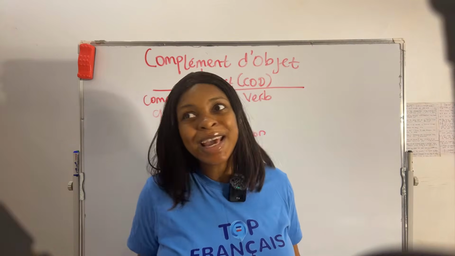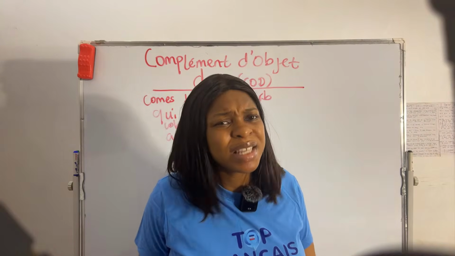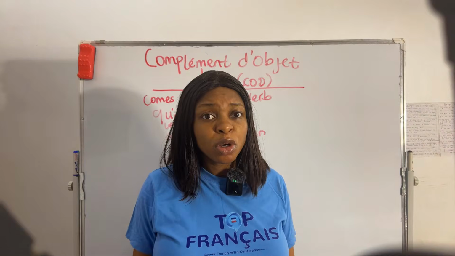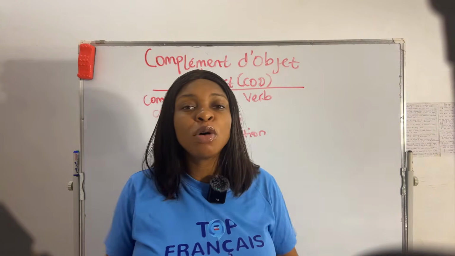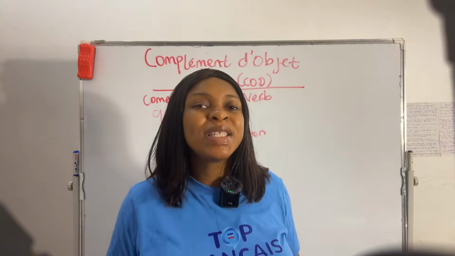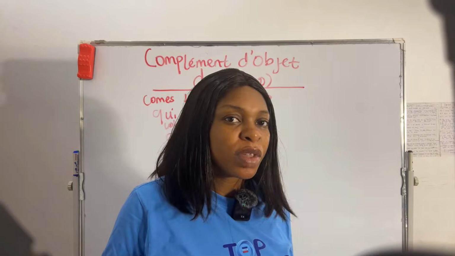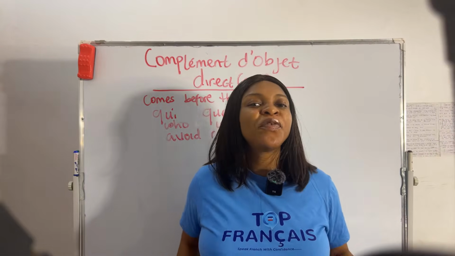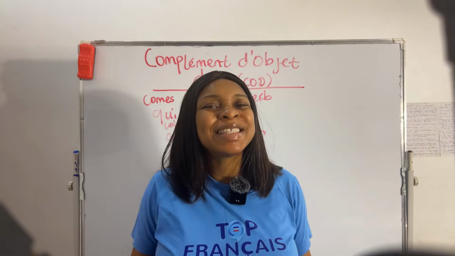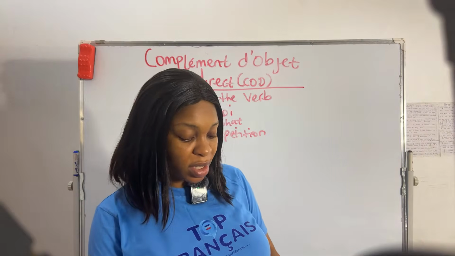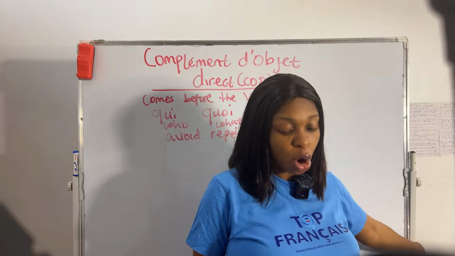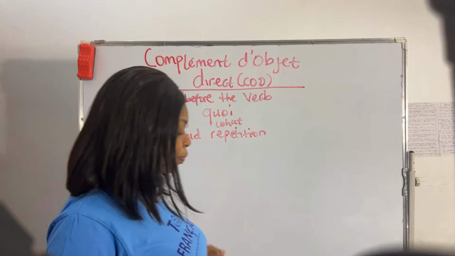Would you say yes, I am seeing Mark? Or you just say yes, I am seeing him? Simple. So we don't want to repeat Mark again. So we say yes, I am seeing him. So COD is also used to avoid repetition in a sentence. Don't worry, sit down. You're going to enjoy the class and make sure you understand the topic very well.